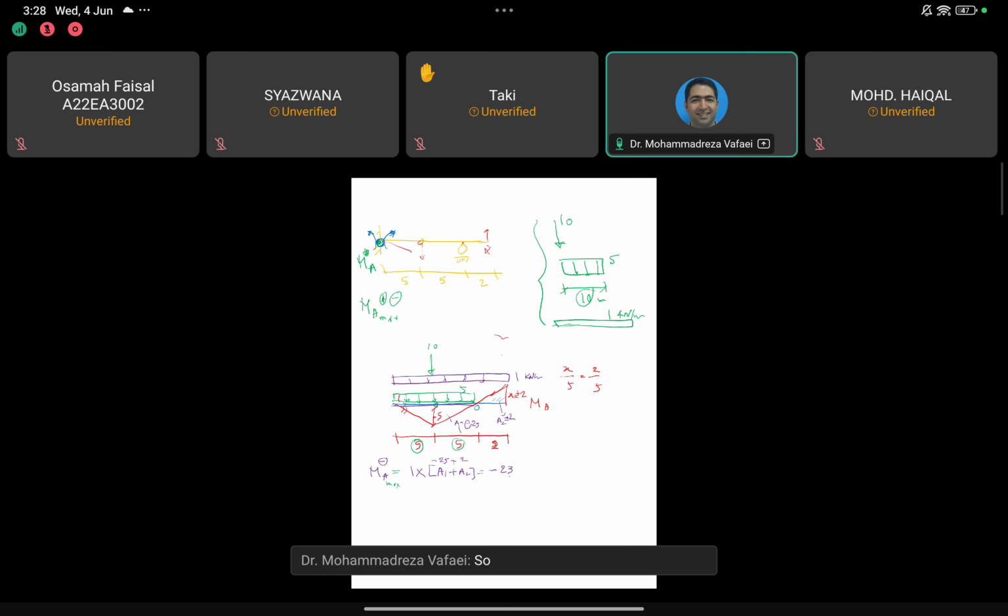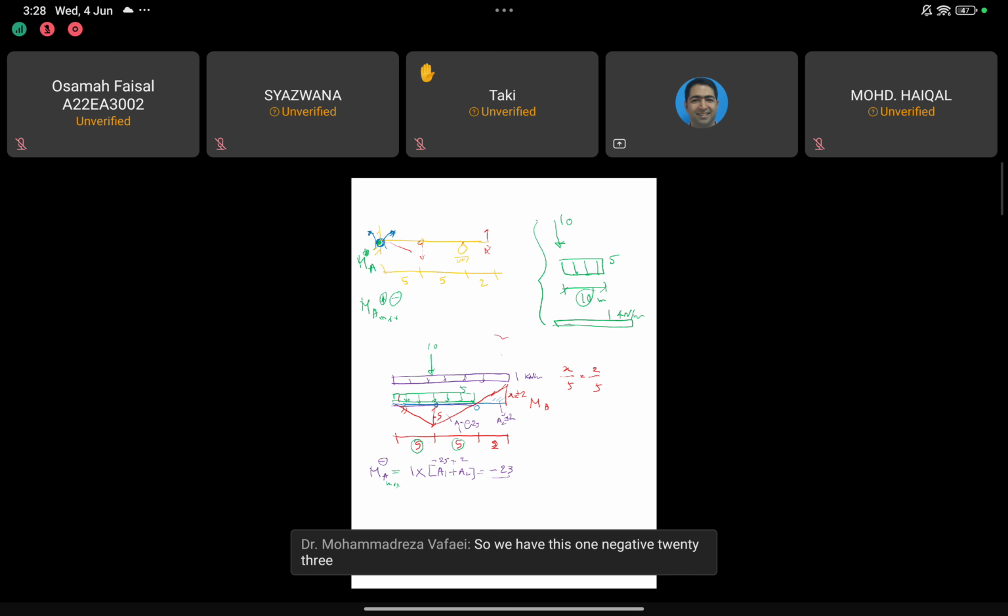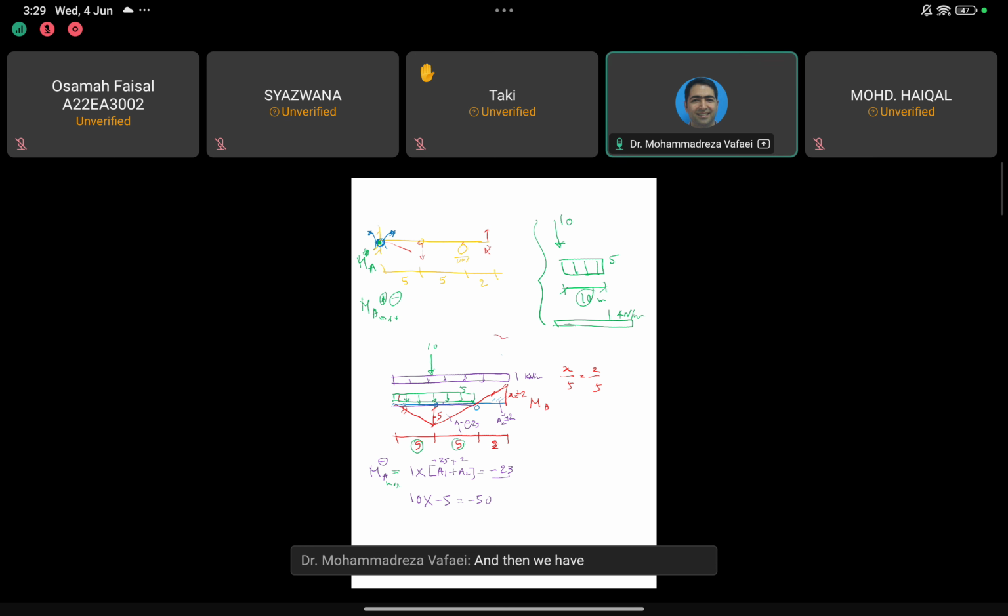So we have this one, negative 23. And then we can calculate right now the effect of point load. So we have there 10. We should multiply it by our height, which is negative 5. So that gives you negative 50. Okay? And then we have also this moving uniform load, which is placed from beginning until 10 meters because the length is 10 meters.